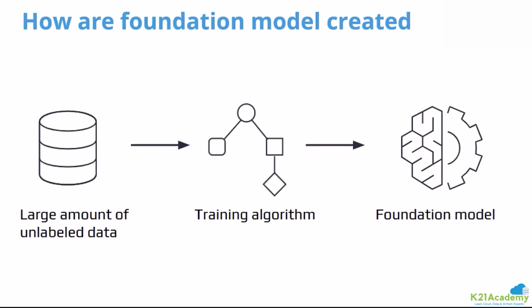So let me repeat this for you on the slide. It's very simply put, like large amount of unlabeled data, training algorithm, you create a foundation model. In real time, you will have data collection, pre-processing, okay, and followed by model architecture selection. You'll have pre-training, fine-tuning, and deployment, and continuously learning through that particular process, right?